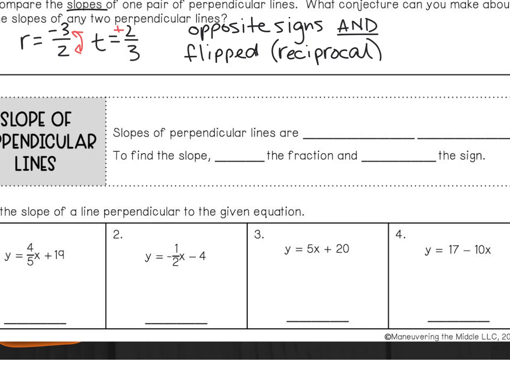The slopes of perpendicular lines are opposite reciprocals. To find the slope, we're going to flip the fraction and change the sign. Those both have to happen.